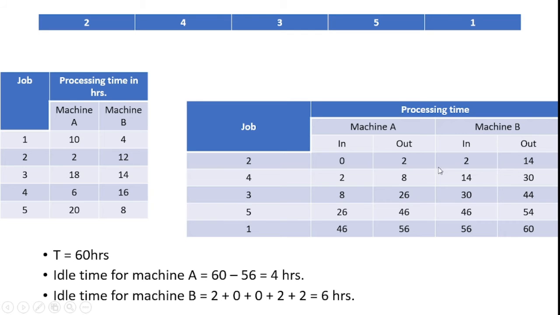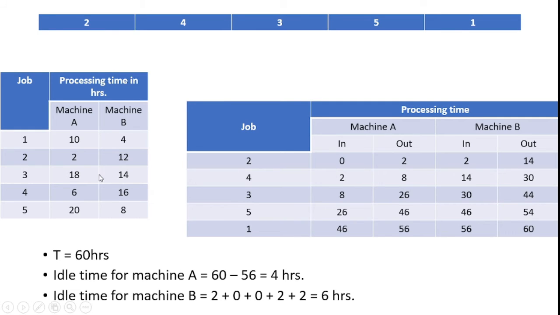After that, I move to the next in the sequence, which starts with job 4. The fourth job is loaded on machine A, but machine A is already running job 2. Only after completing job 2 can I load job 4, so job 4 waits up to 2 hours. After 2 hours I load job 4.